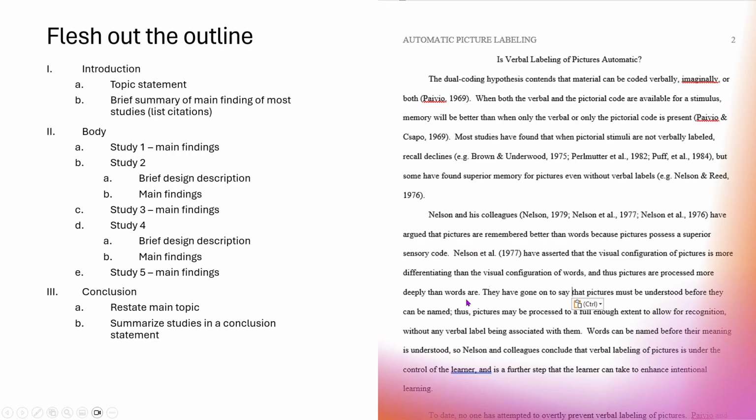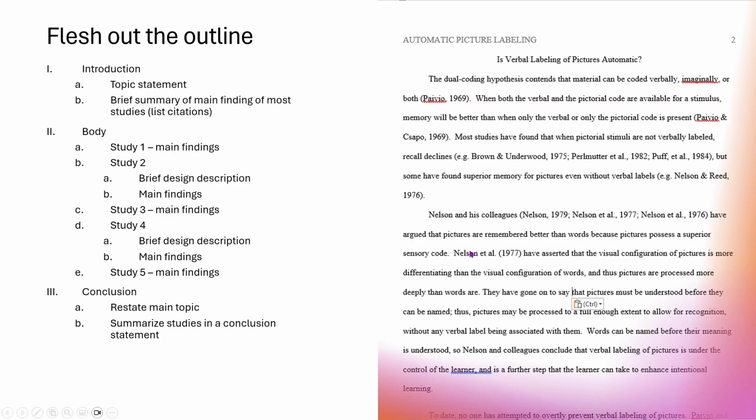So you don't keep reciting Nelson et al. 1977. You say it once, and then you make it really clear through your transitional statements that you're still talking about Nelson et al. 1977. Even if you don't have a list of the same author like this case does, Nelson 1979, 77, 76, and so on, even if it's different authors, I oftentimes see students say the same author repeatedly, and don't do that. That's not how you cite. That's called oversighting.